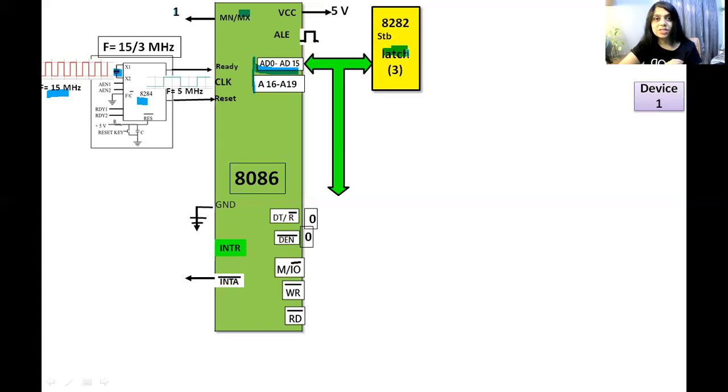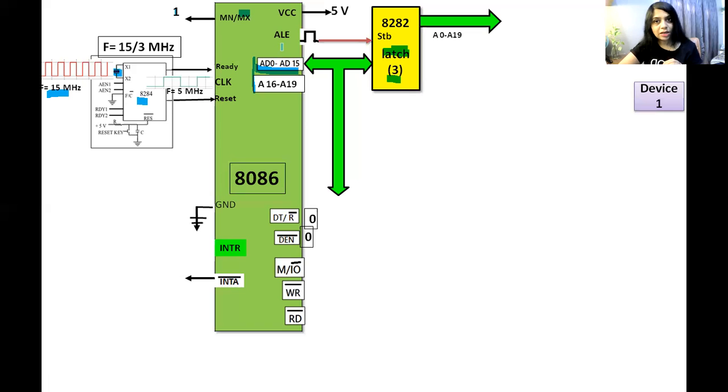Octal latch means one IC holds 8 bits of address. So this IC is used to store the address flowing on the address bus. Since one IC holds only 8 bits of address, we need 3 octal latches, which are connected to AD0 to AD15 and A16 to A19 pins of 8086.